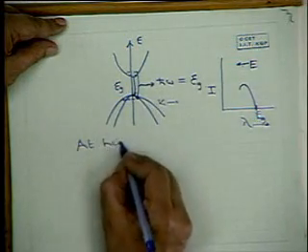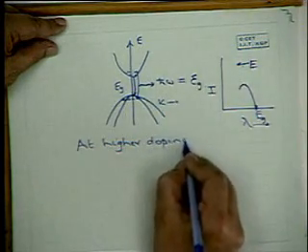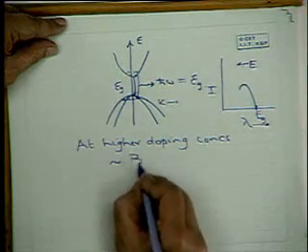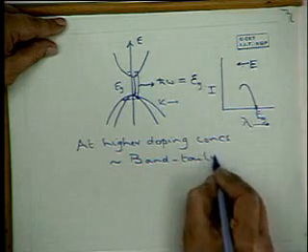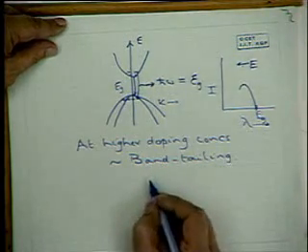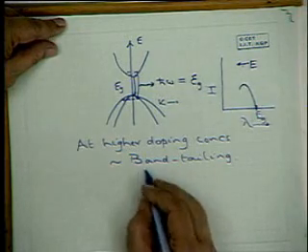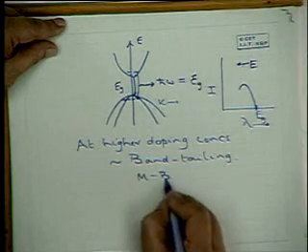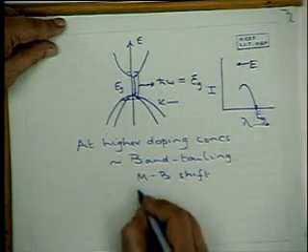At higher doping concentrations, we have all the earlier effects that we discussed: band tailing, Moss-Bernstein shifts, and finally band gap shrinkage.